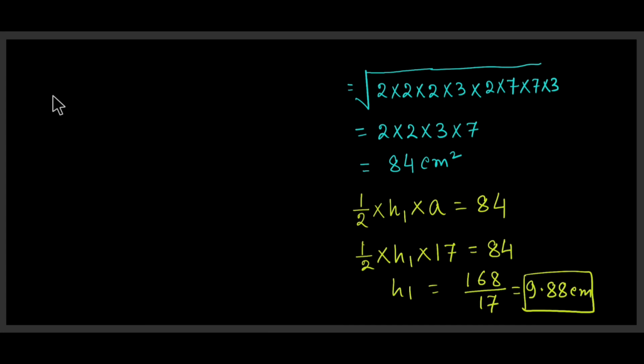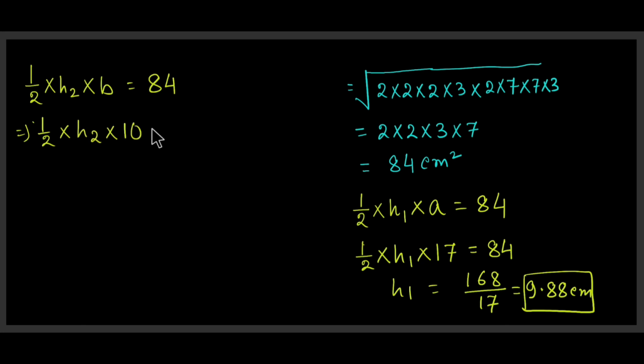In the similar way, we can write half into h2 into b. It is equal to the area of the triangle, and it is 84, and we assumed that b is 10. So h2, which is the altitude to b, is equal to 84 into 2 by 10. So now it must be 16.8 centimeter.